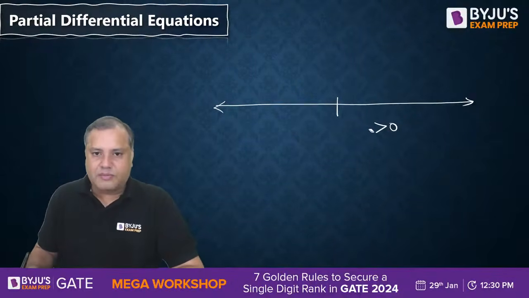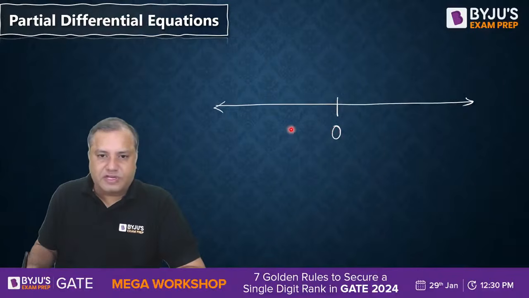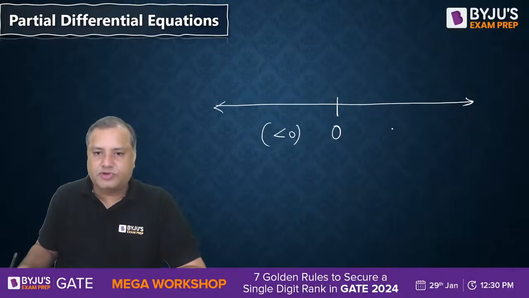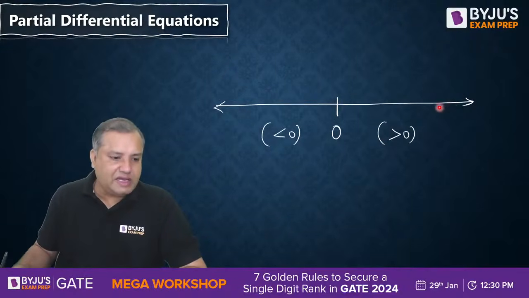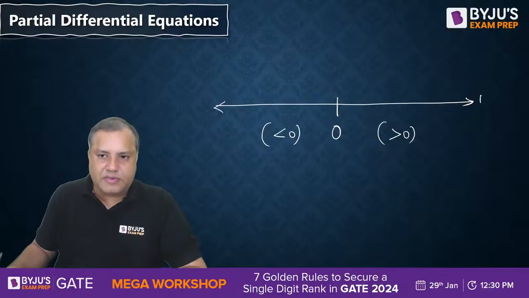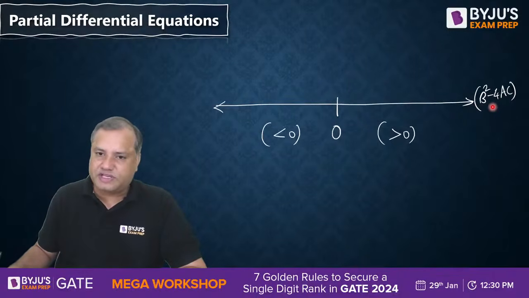See, on the number line there is a 0. On the left side of 0 you have negative values. On the right side of 0 you have positive values. Correct? So this number line is tracking b square minus 4ac.